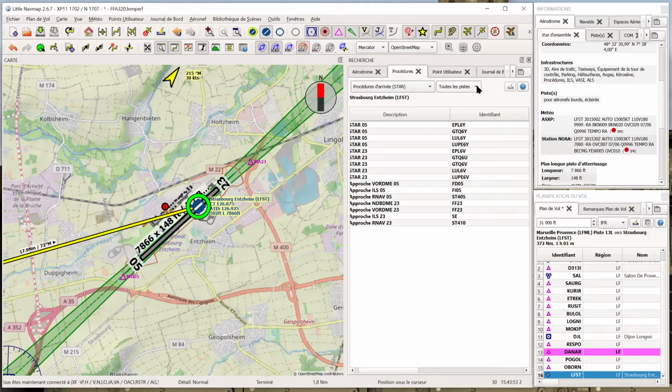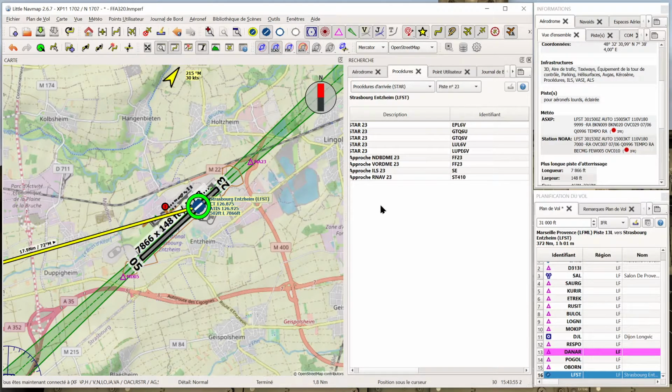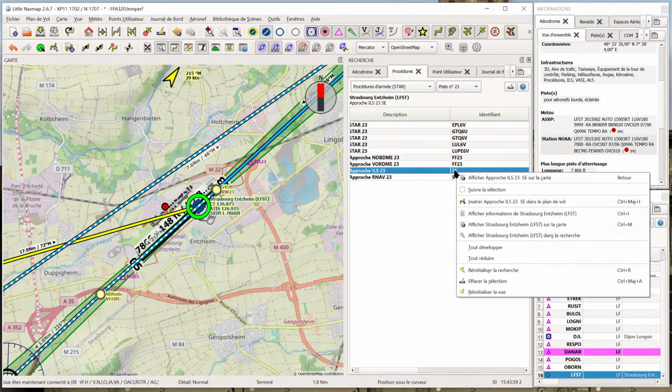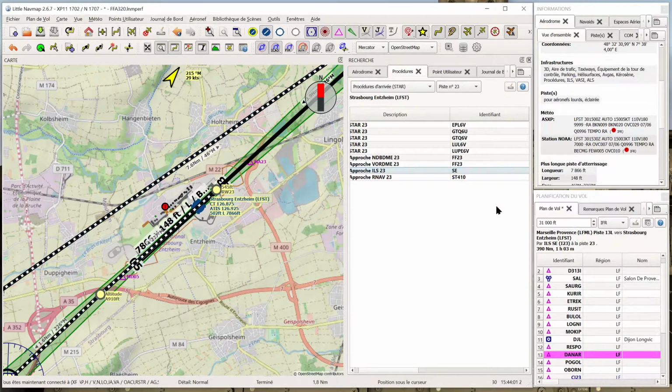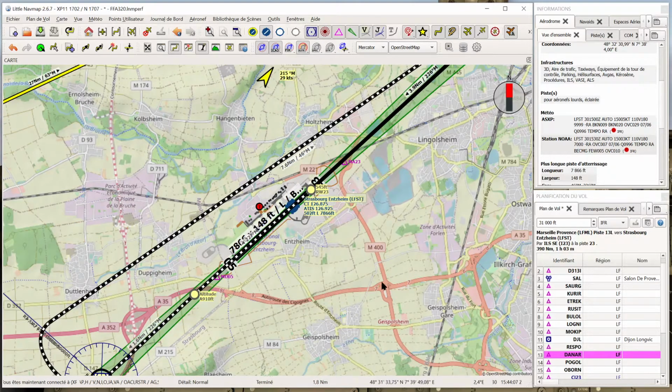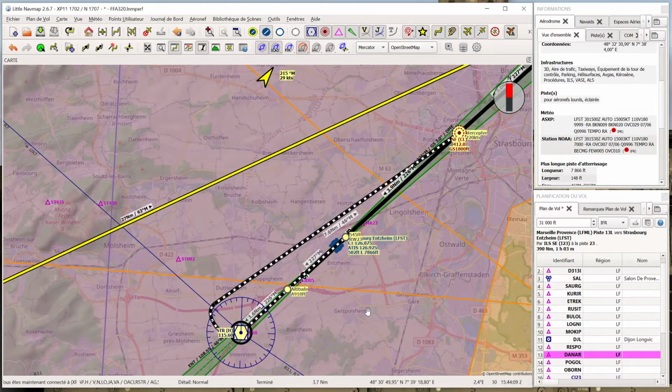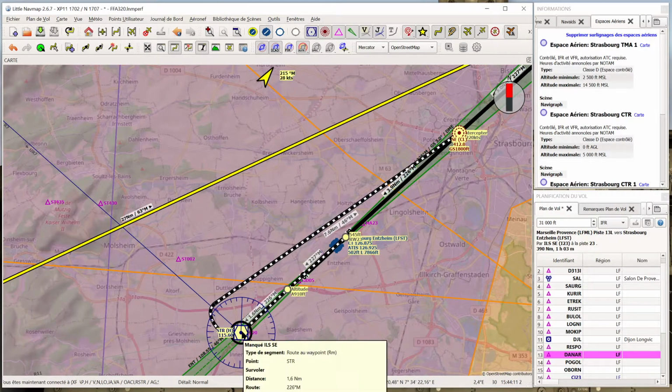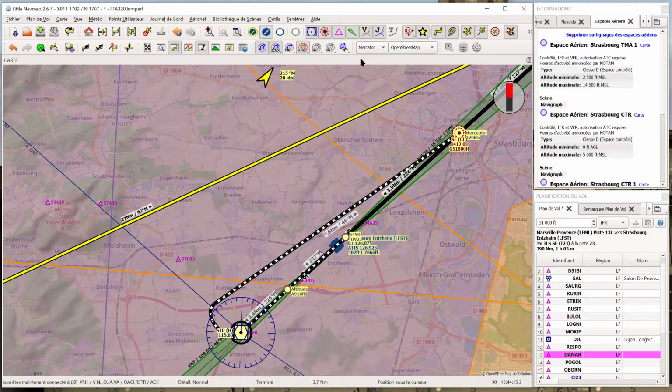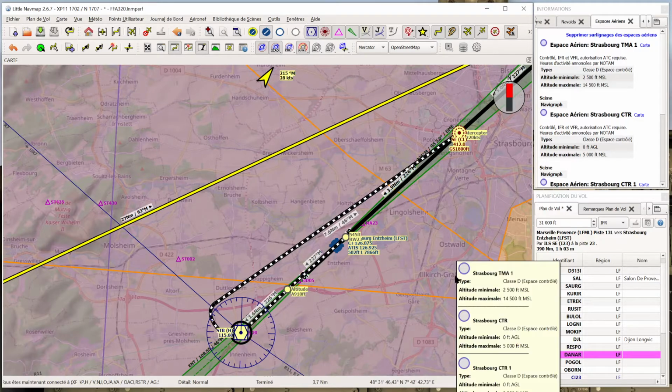Runway 23. Could be an ILS to runway 23. We are coming towards Strasbourg. What we could do is a Strasbourg 020 for 20 miles and then come back.